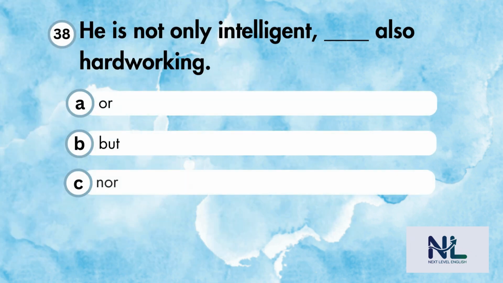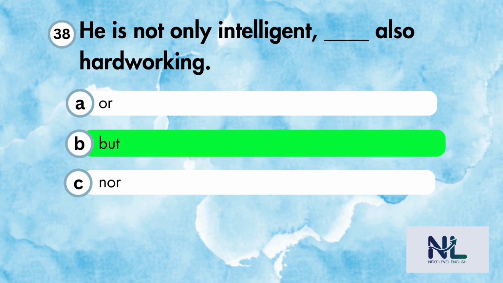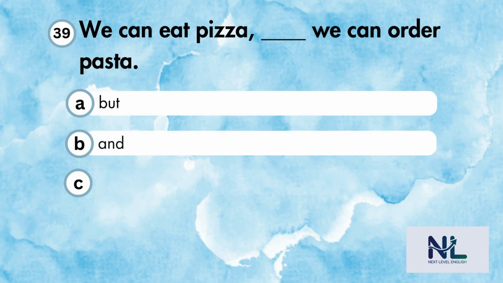38. He is not only intelligent, also hardworking. But. Tips, use not only, but also to show two related qualities. 39. We can eat pizza. We can order pasta.